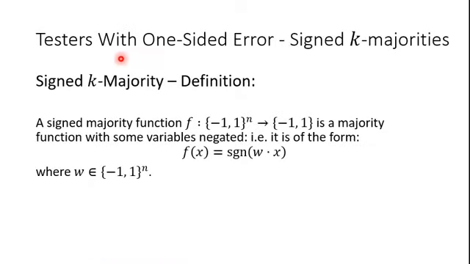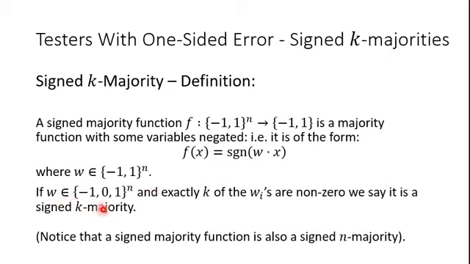So now we will continue with testers with one-sided error, and this time it's going to be signed k majorities. So first we will provide a definition. A signed majority function f from {-1,1}^n to {-1,1} is a majority function with some variables that are negated. So we've got f(x) equals sign of w·x, where w is taken from {-1,1}^n.